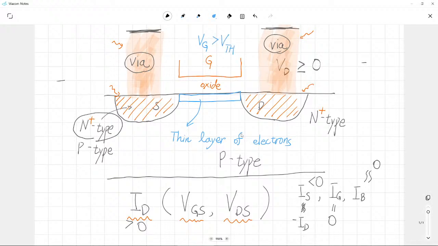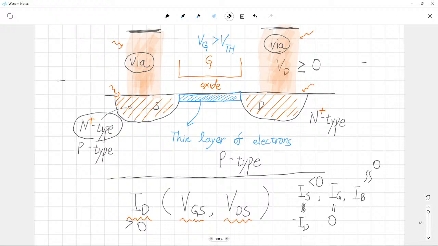Of course, even only when we have this condition, gate voltage is sufficiently larger than threshold voltage, we can have sufficiently good or sufficiently large amount of electrons in this part. Yes, so we have this case.